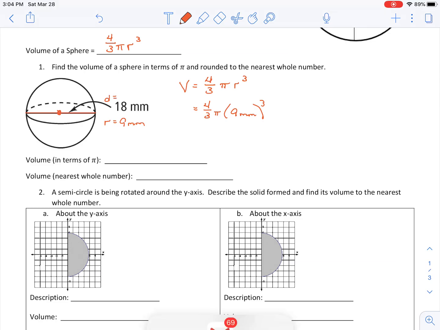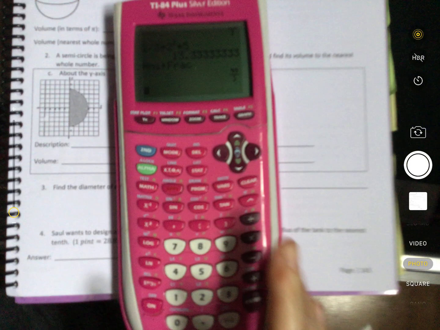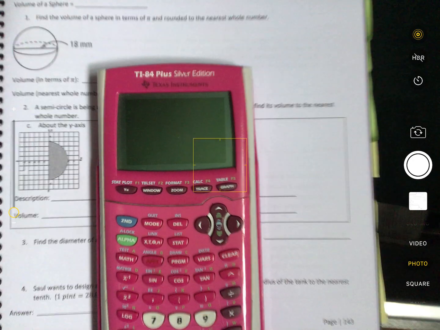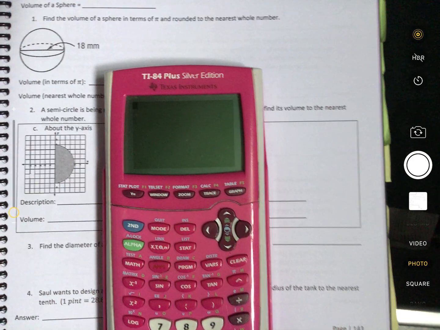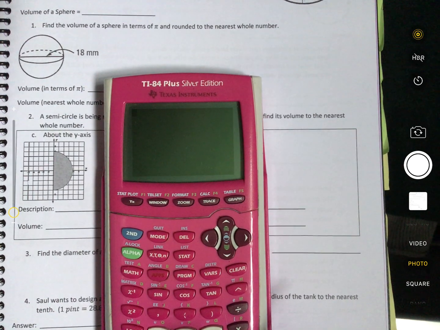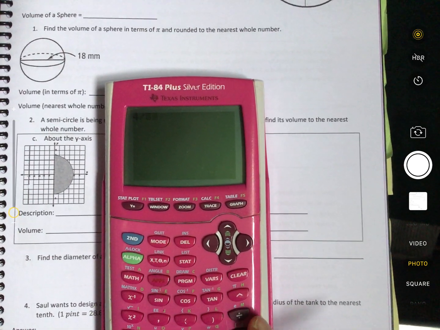Different calculators are different. Now, unfortunately, while I'm stuck at my house, the only calculator I have is this graphing calculator. So I can show you how graphing calculators work, but every calculator is different. You're probably going to want to just use Google and figure out how to do to the third power on your calculator.